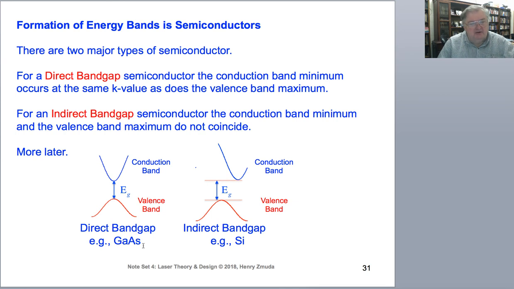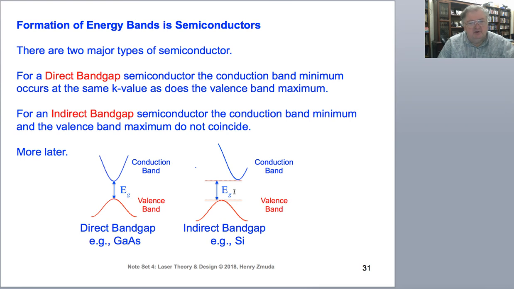Gallium arsenide is an example of a direct bandgap semiconductor. Once again, the minimum of the conduction band and the maximum of the valence band coincide for the same value of K. That makes the transition of an electron from here to here very easy, and that's going to easily produce a photon for us. We'll talk more about this later.